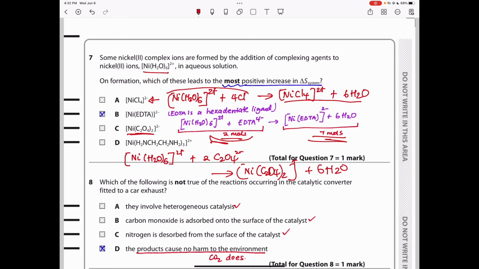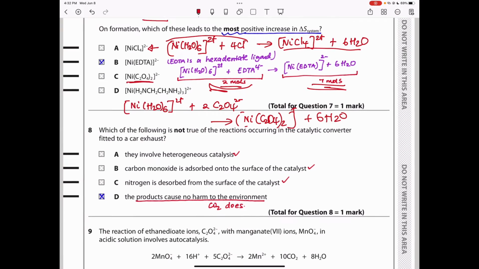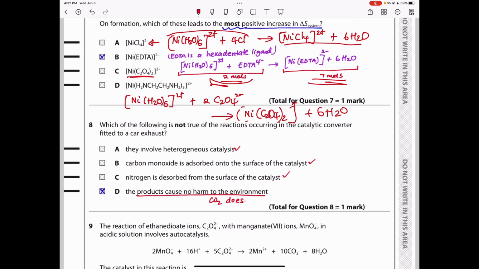So again, here we have 3 on this side, and on the other side we have 7. So the difference is just going to be about 4. In this case, actually, B comes out as the best answer because it's giving a bigger change, or it creates greater disorder. So there is more increase in entropy.